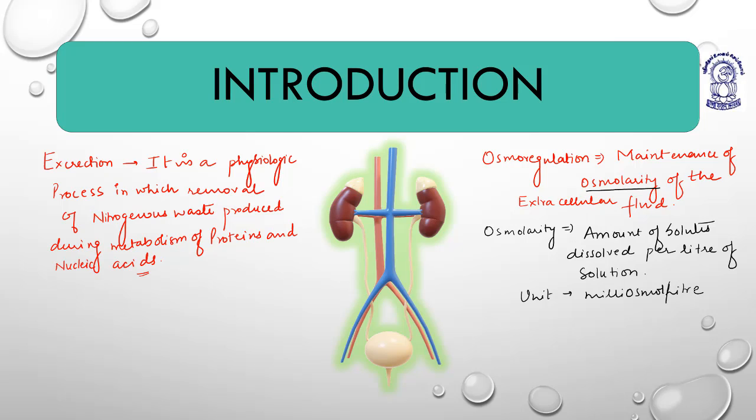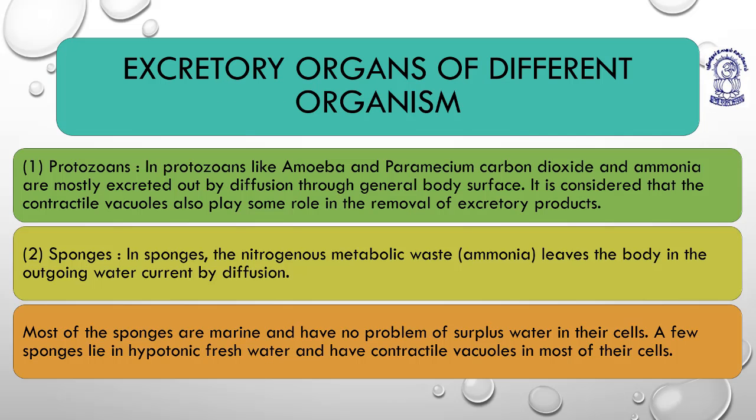First, we will be talking about the evolution of different excretory organs of different organisms. So starting from protozoans, in protozoans like amoeba and paramecium, carbon dioxide and ammonia are the most important excretory products. They are mostly excreted by diffusion through the general body surface.